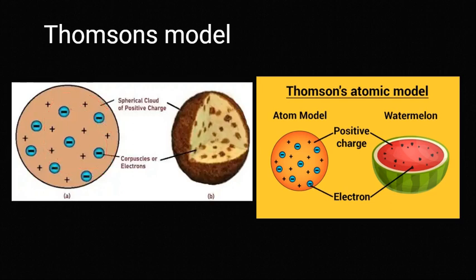If you add them, the net result will be 0. And if the net charge is 0, the whole atom is neutral. By neutral I mean the atom is stable.